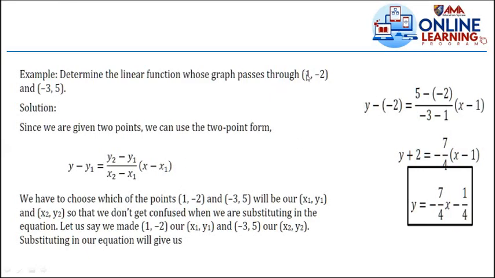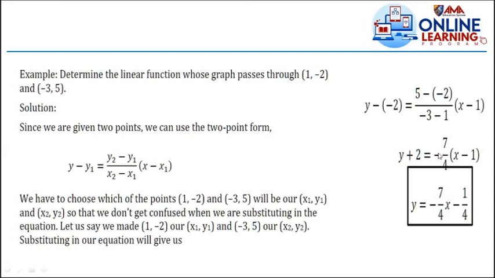Our x1 is 1, y1 is -2, x2 is -3, y2 is 5. If we simplify our equation, y minus -2, we're going to have y plus 2 equals 5 minus -2, we have 7, -3 minus 1, we have -4, and then x minus 1.